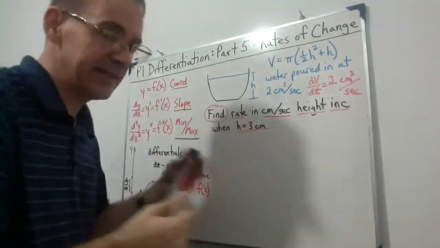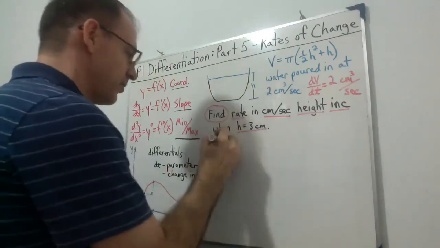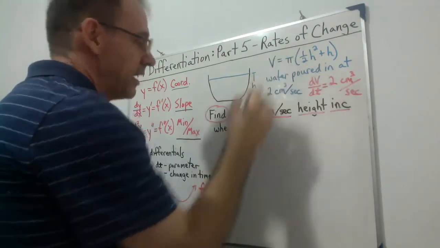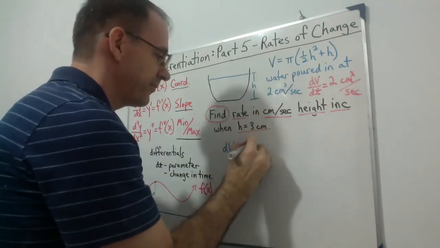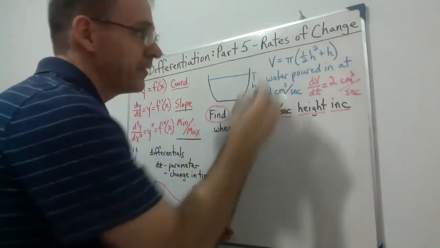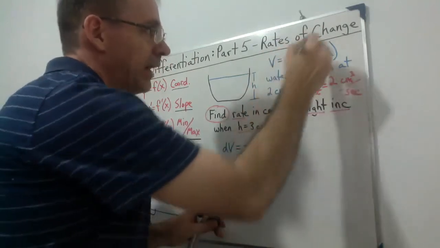So since we're dealing again with rates, we need to find the derivative. So dV equals, now the pi is just a constant, so we can just leave that in the front and not worry about it because it's in the front of this parenthesis. H is our variable, so 2 times 1/2 is just 1.